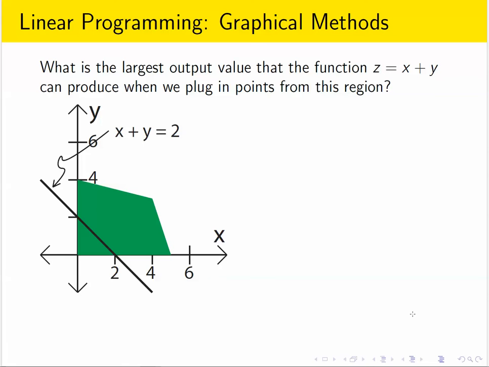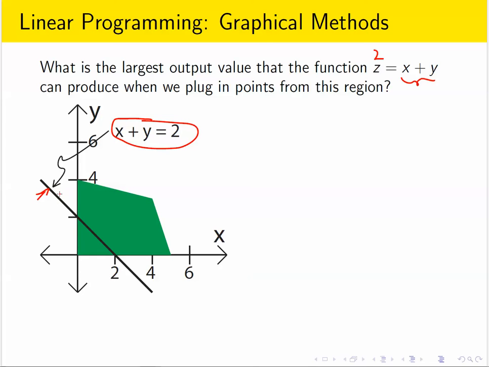In order to think about that, we're going to draw some lines. If you think about an output from this function, like the output 2, that corresponds to a value of z. And if you want to know what points you can plug into the function that might produce that output, all you have to do is ask, when does the formula for the function, the x plus y, give me 2? The set of points that satisfy that condition are the points on this line.